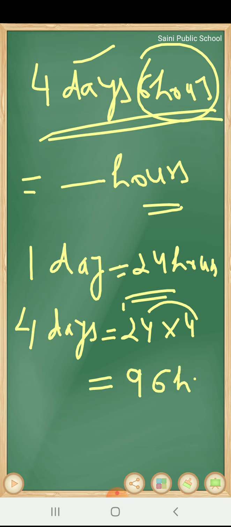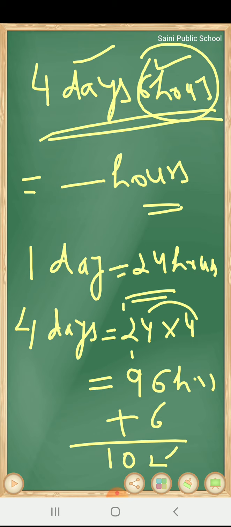So 96 hours. But 6 hours are already given to us. We will add these 6 hours to this number. 6 plus 6 is 12, 1 carry, 9 plus 1 is 10. So 102 hours. So 4 days 6 hours is equal to 102 hours.